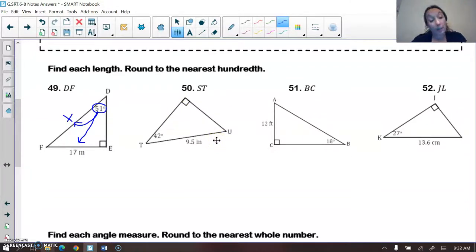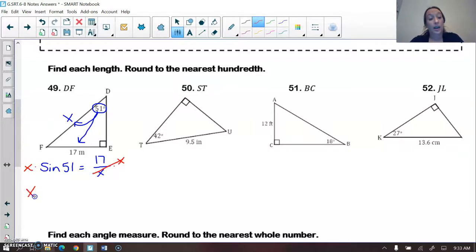So I'm going to set up my equation. I want the sine of this 51-degree angle to be equal to the ratio opposite over hypotenuse. And now I'm going to solve this equation for X. So what that would mean is I would multiply both sides by X to get X out of the denominator first.